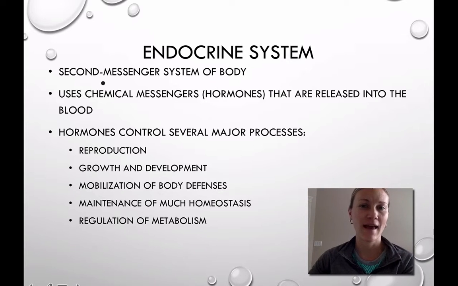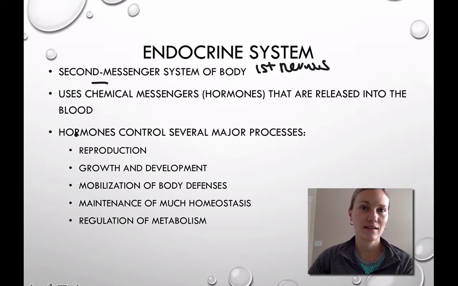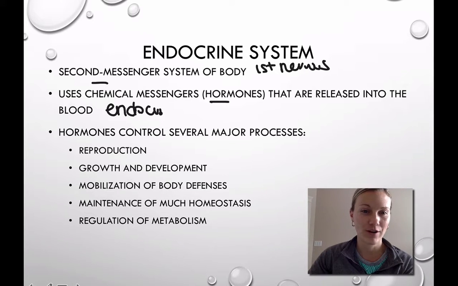All right, so the endocrine system is the second messenger system of the body. The first is the nervous system, but this is probably the second most important messenger system. It uses chemical messengers, known as hormones, that are released into the blood system. So if they're released into the blood, we're going to call them endocrine.